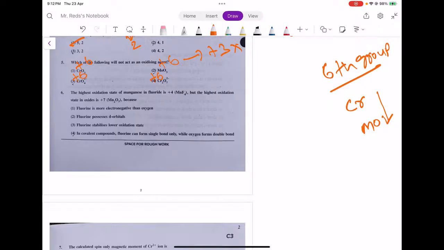But in the remaining options, chromium changes to plus 3, Cr plus 3. Generally, in any group, not only this one, stability of oxides increases down the group. Molybdenum is under chromium in the 6th group, so the stability of molybdenum trioxide is more. So there is no change in the oxidation state of molybdenum in MoO3. So the option is the second.